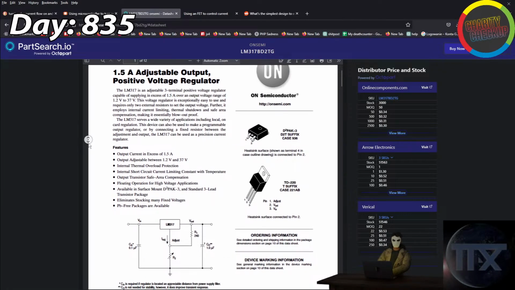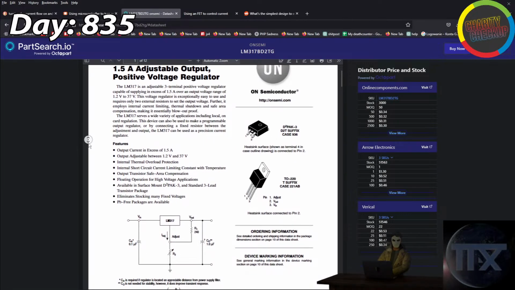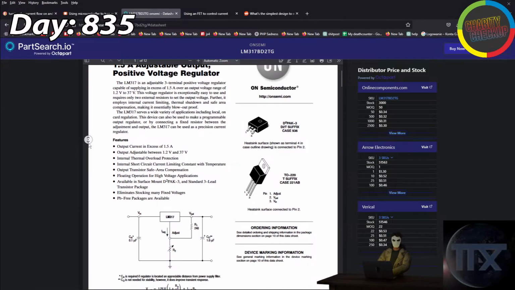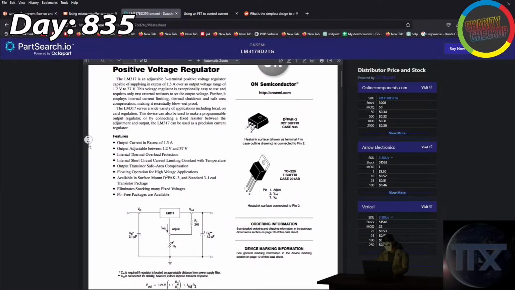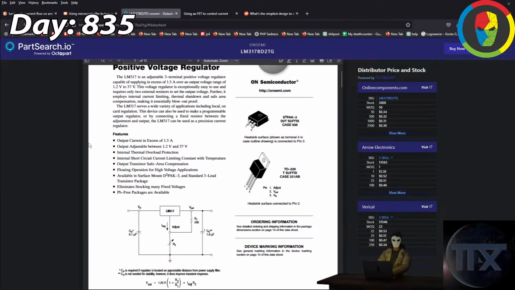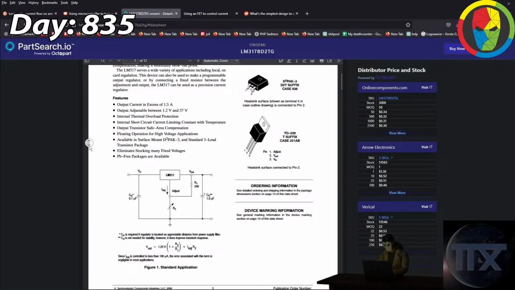Three-terminal voltage regulator capable of supplying in excess of 1.5 amperes over an output voltage range. Easy to use and requires only two external resistors to set the output voltage. Regulator by connecting a fixed resistor between adjust and output. Wait, no, this could work well.